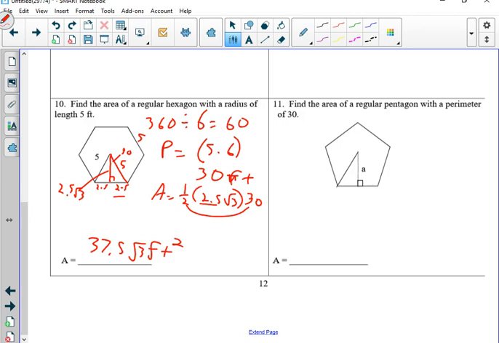Find the area of a regular pentagon with a perimeter of 30. Well, 1, 2, 3, 4, 5. 30 divided by 5 is 6.